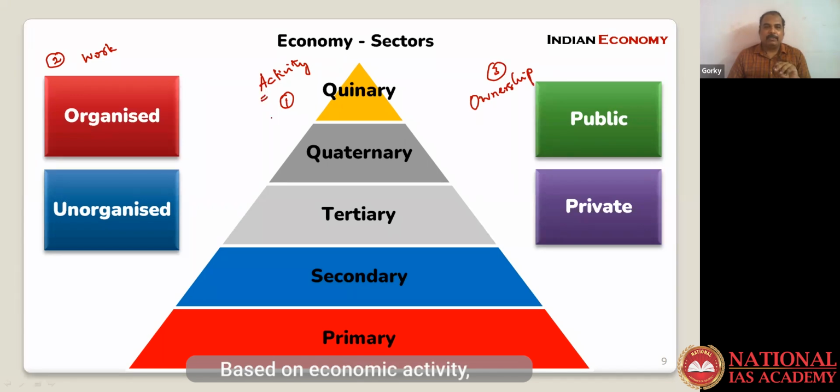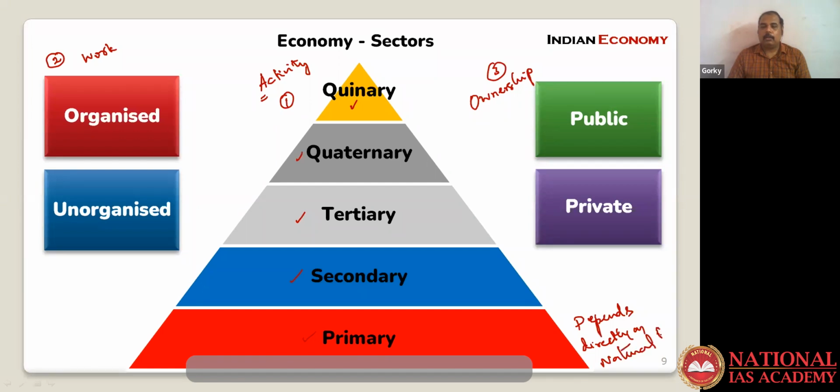Based on economic activity, we classify them into five parts. We have the primary sector, secondary sector, tertiary sector, quaternary sector, and quinary sector. So what is that? The primary sector depends directly on natural resources.